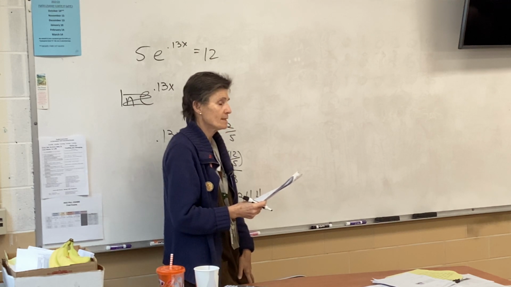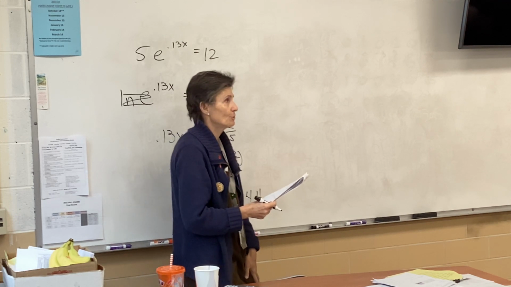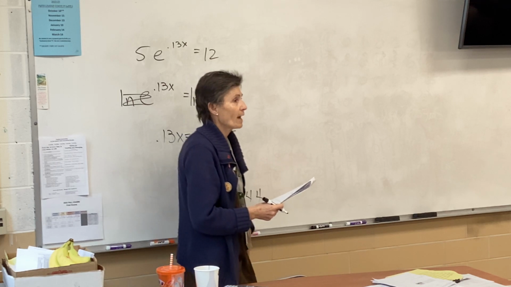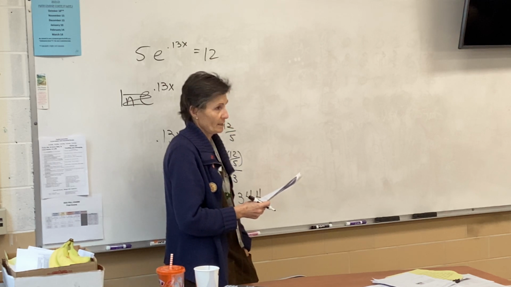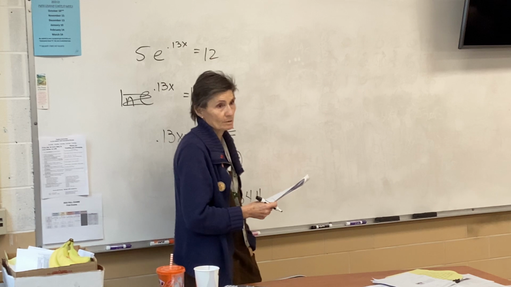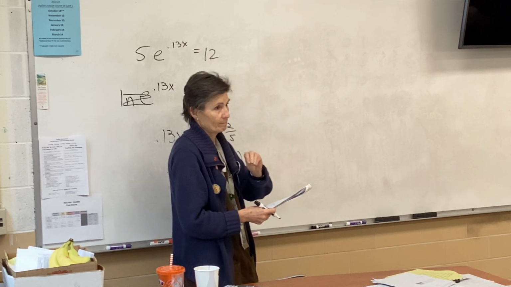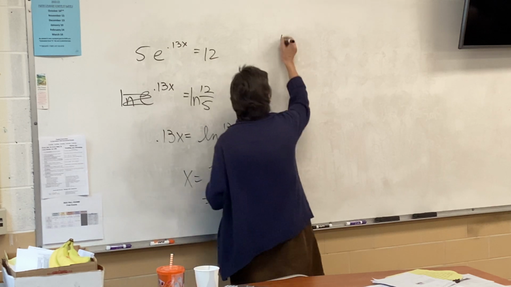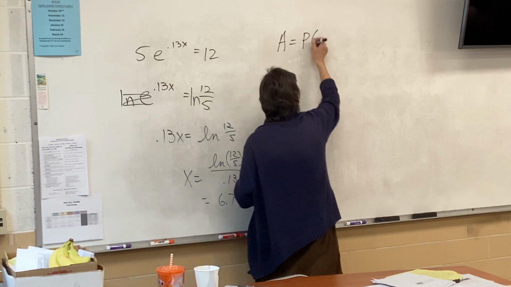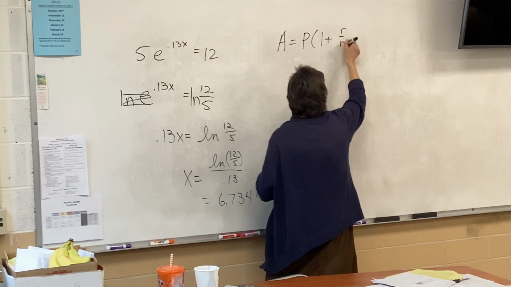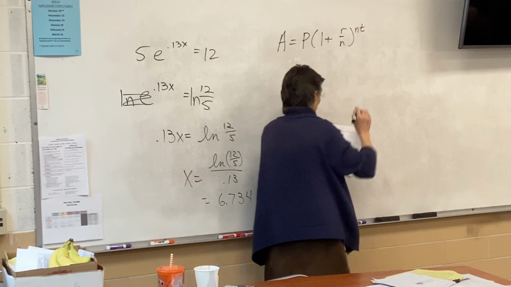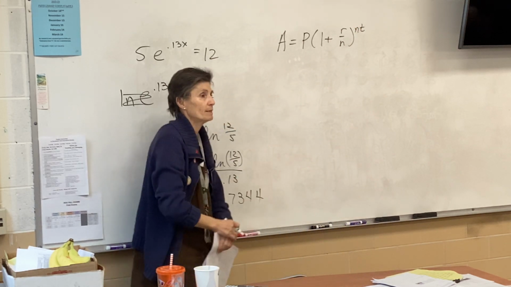The first thing you have got to do is figure out which formula you're going to use. So is it PERT or is it the other one? It's the other one. And the clue is, it says in the problem, compounded monthly.